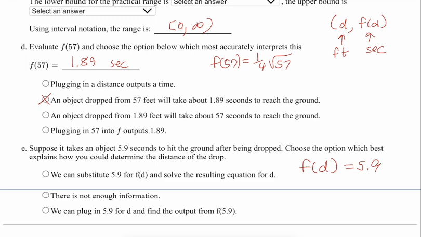Now, we know that our formula is 1/4 square root of d. So we could use mathematical techniques to solve that for d, couldn't we? We could rearrange that and get a new formula that's related to d. So it says we can substitute 5.9 for f of d and solve the resulting equation for d, and that's the one that I have to pick.